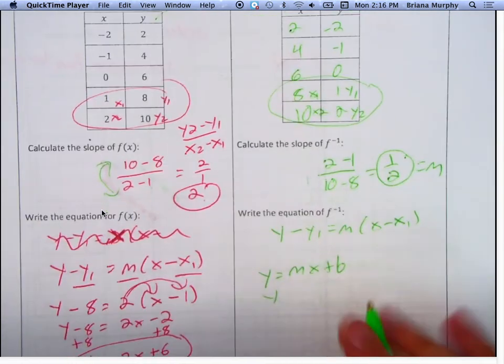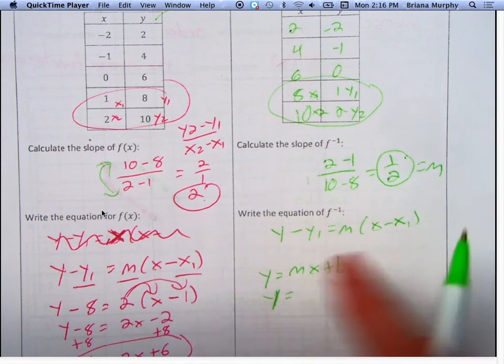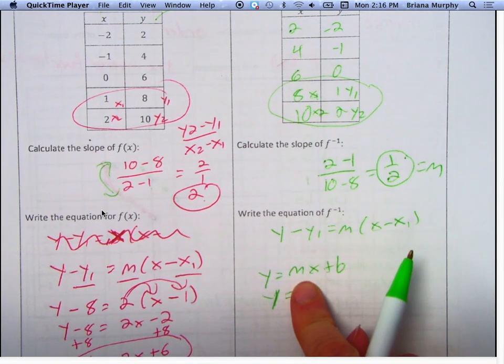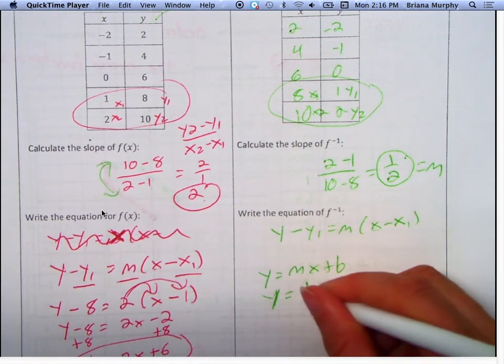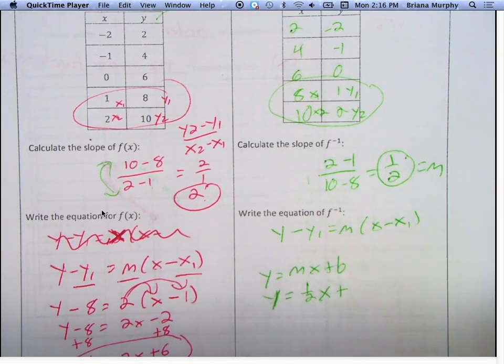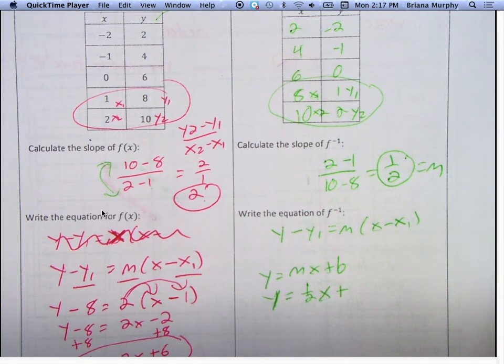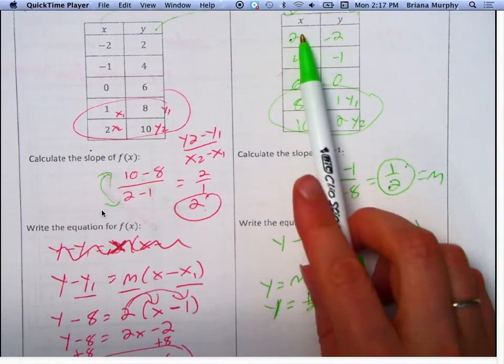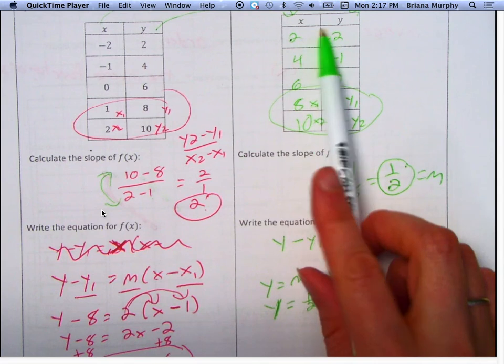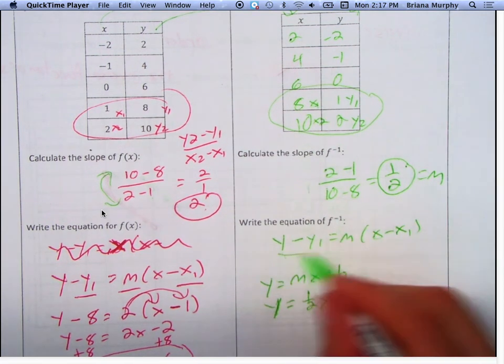What's my b? It's the y-intercept, so it's when x is 0. Do I have a 0 here? No. Okay, do you see now why I'm doing this equation?